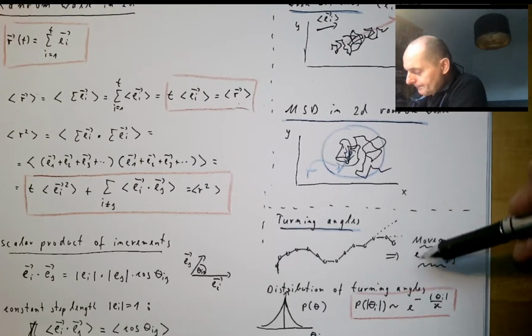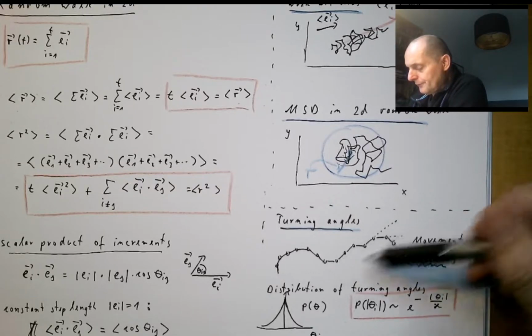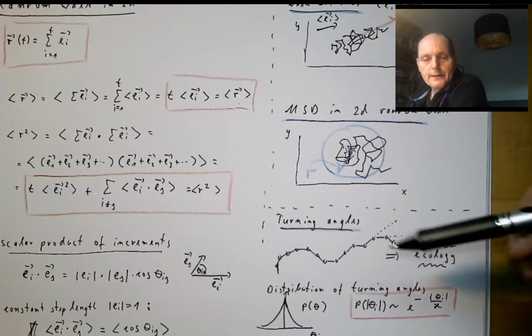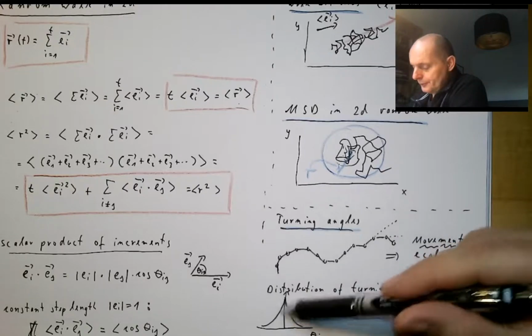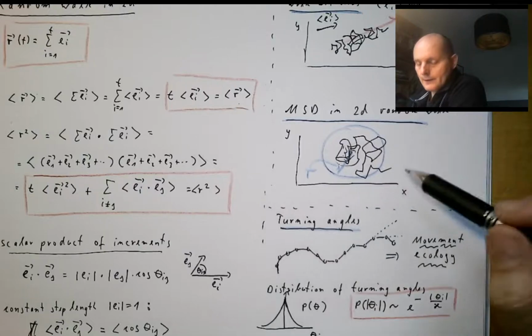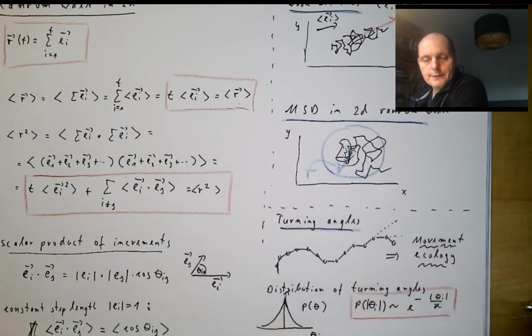Another interesting research question, for example, is in foraging ecology. So animals, of course, also move around to find their food, their resources. And then there are questions like, what would be the optimal distribution of turning angles or these increments in general to locate certain food items which are placed somewhere in the plane?